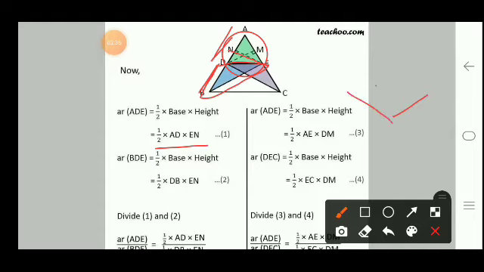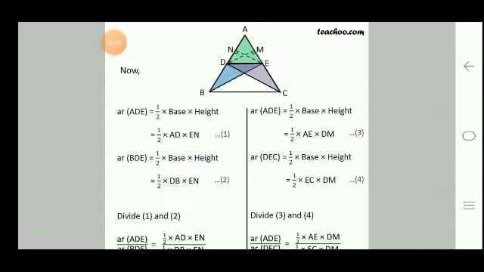Looking at this figure carefully, this is an obtuse angle triangle. Suppose this is our point D, this is our point C and this is the point E. As we all know, in an obtuse angle triangle the perpendicular lies outside the triangle. This is the reason why we have taken EN as the height, or the perpendicular, for this.